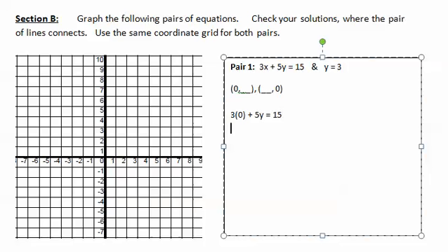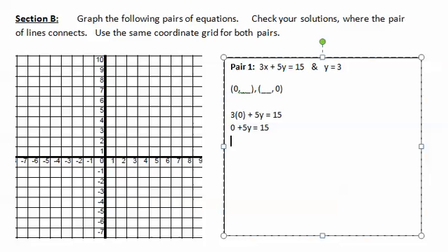Let's simplify that. 3 times 0 is 0, and we're going to keep that 5y there. So we've got 0 plus 5y equals 15. You'll notice that I'm taking it step by step, and I do this intentionally so that you as the learner can see every single step used in order to solve this particular equation so that we can graph it.